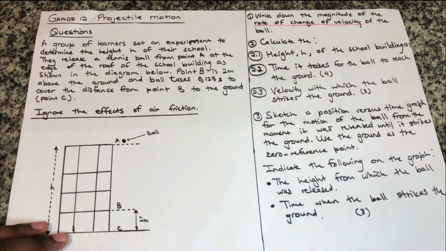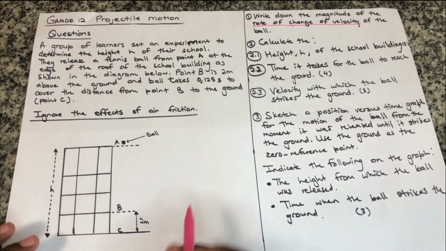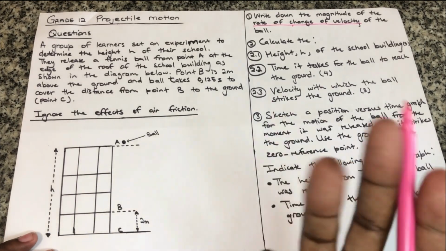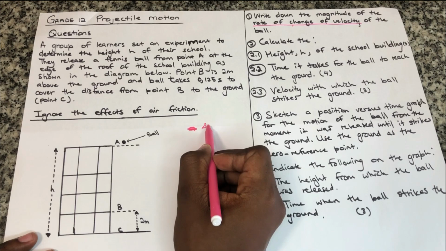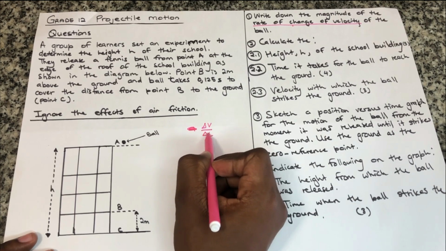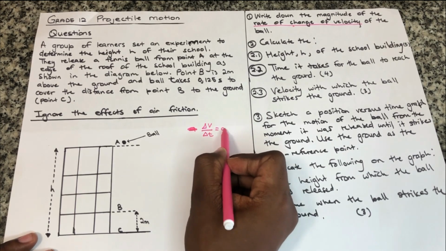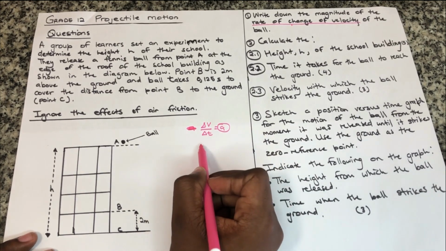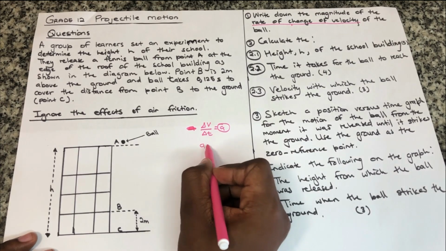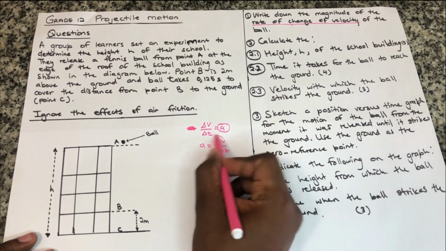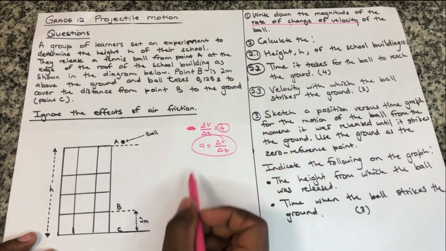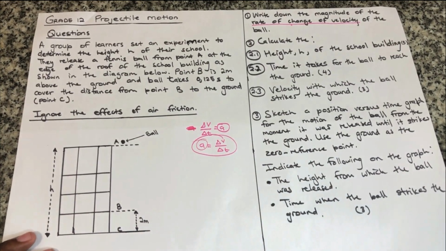The rate of change of velocity is the acceleration. The formula to calculate the acceleration is acceleration equals change in velocity over change in time. That's what you have to understand. They're asking for the magnitude of the acceleration of the ball.